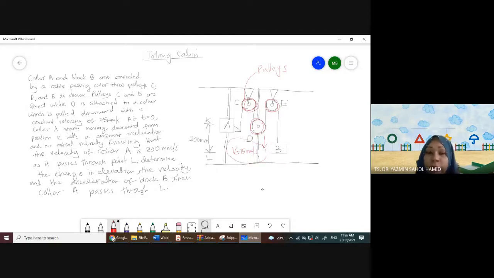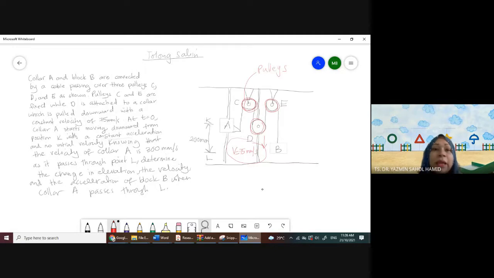If later on we get a velocity to be negative, do you think it's going down or going up? Up. Okay, you get it? Understand? Don't always assume anything going down is negative. It is based on how we assume in the earlier part.